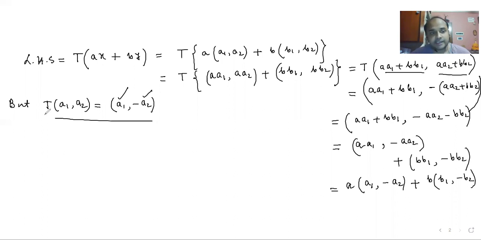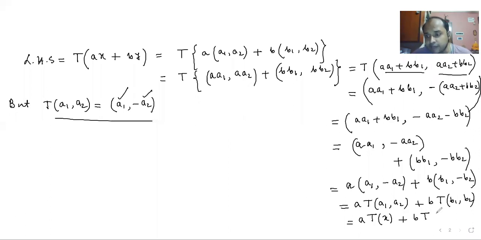But you know that T of (a1, a2) is (a1, minus a2), so we can write it as a T of (a1, a2) plus b T of (b1, b2) by definition of the transformation. And you know that (a1, a2) is nothing but your x vector and (b1, b2) is nothing but your y vector, and you see we have got RHS.